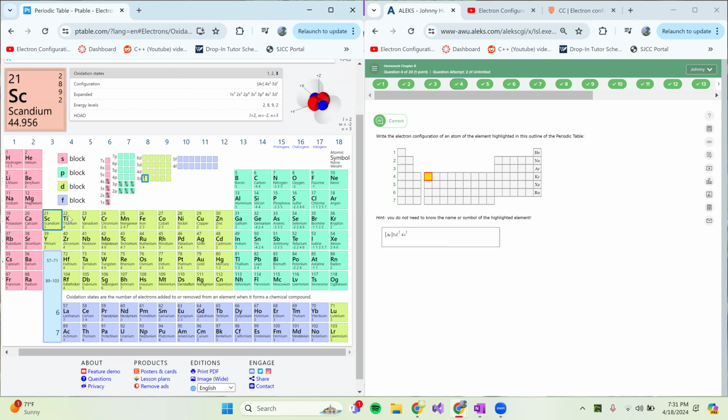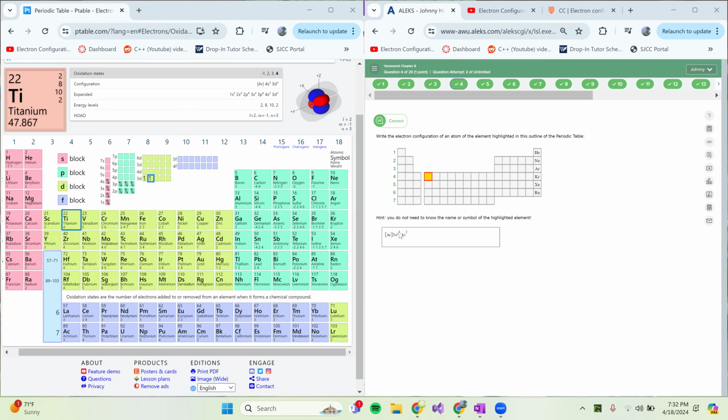And then you only need 2 electrons to fill 3d, because Ar has 18 electrons, and you see that the green block is 4 spaces to the right, which means there are just 4 more electrons from there.